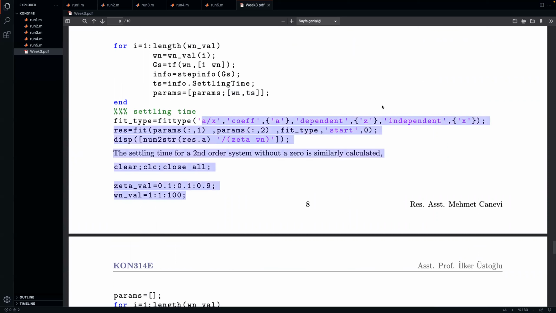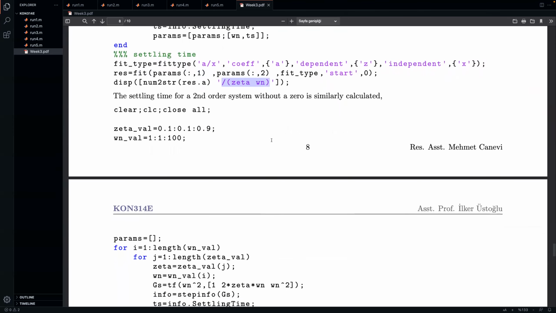This defines the whole model of our settling time formula, where a divided by x is the formula, because we're looking for coefficient a, where our relation to x is 1 divided by x. We give it the fit here, and it creates the results in terms of a divided by zeta omega n.